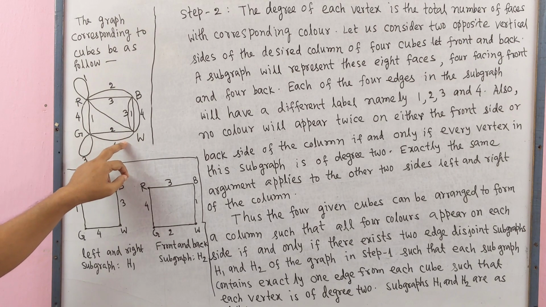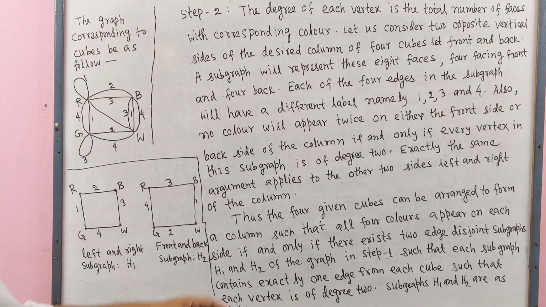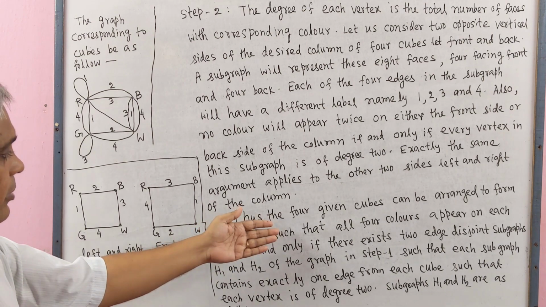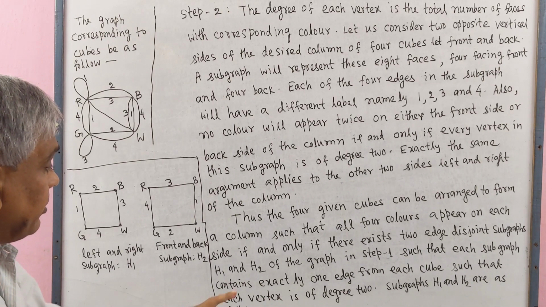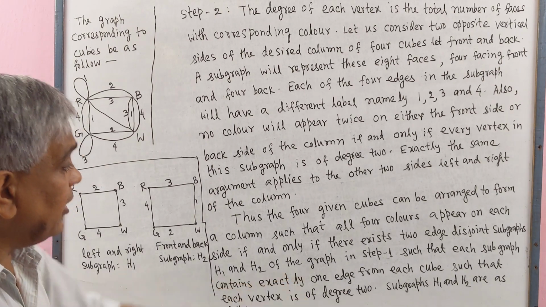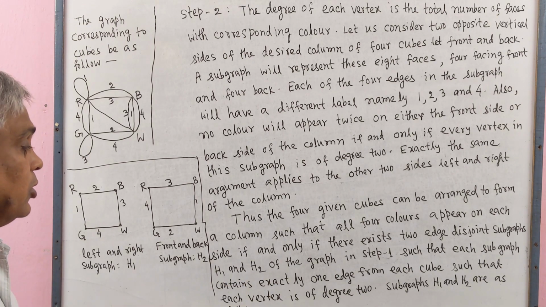Here we take 2 subgraphs from this graph, H1 and H2, under the condition given above, such that each subgraph contains exactly 1 edge from each cube, and each vertex is of degree 2.